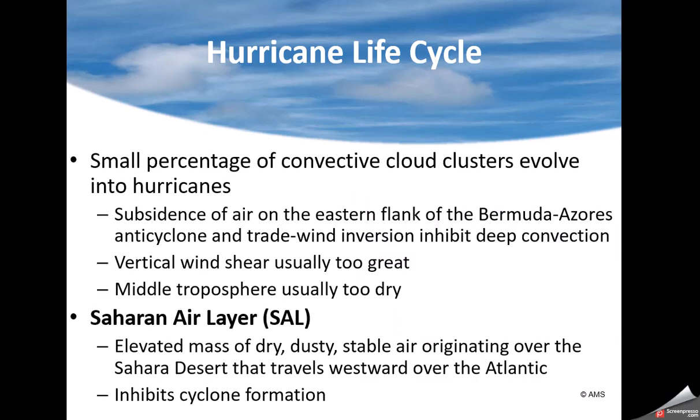Every once in a while, there are some convective cloud clusters. One of the interesting things is the Saharan air layer, a very, very dry layer. Think of it as an elevated dust storm. It develops over the Saharan desert, very dusty, very dry, and also very hot. You wind up with a very hot layer of dry, dusty air moving above the moist air near the surface of the ocean as it's moving across the Atlantic.